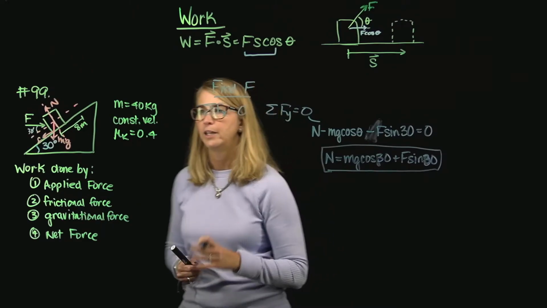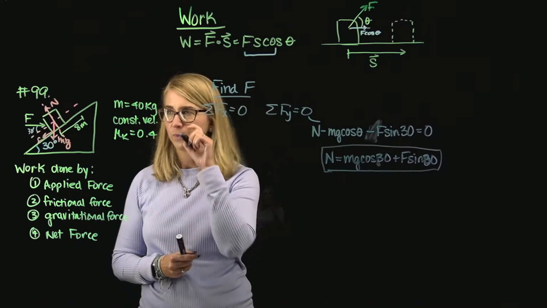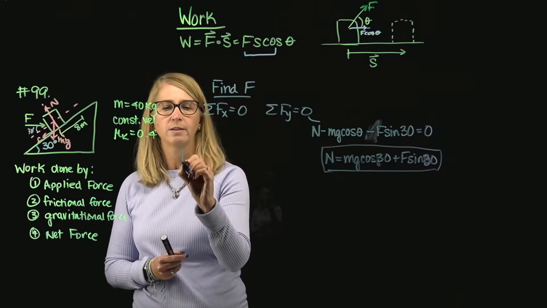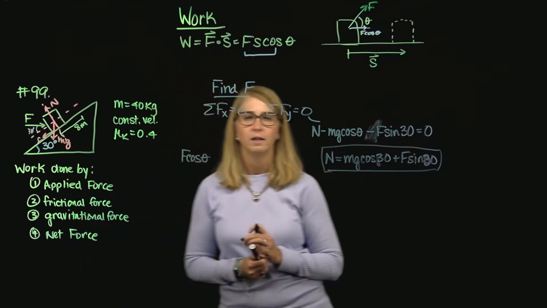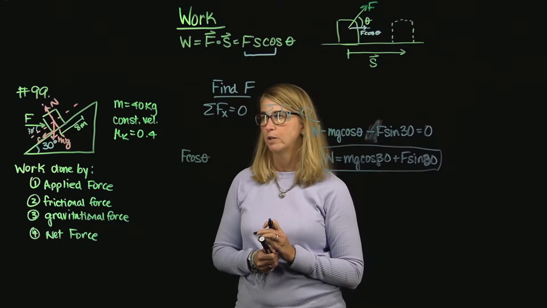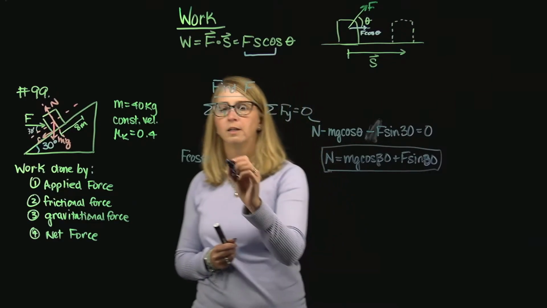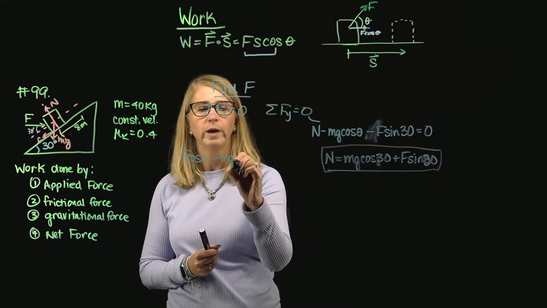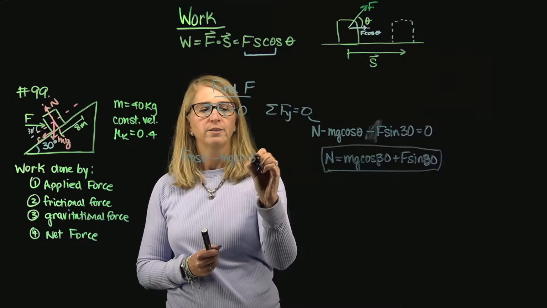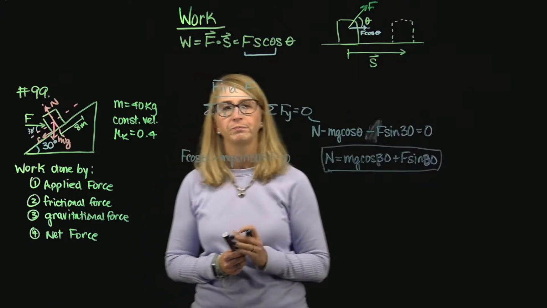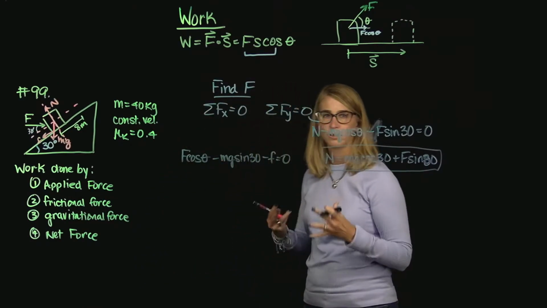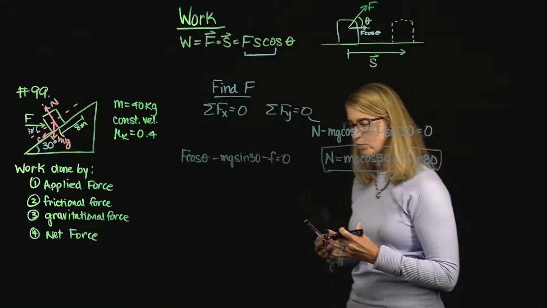Now, let's look at the forces in the x direction. I'm going to say up the incline is positive. So I have a component of that applied force, x up the incline. I have a component of the weight, which acts down the incline, and also the frictional force. So those are the three forces I have in the x direction.